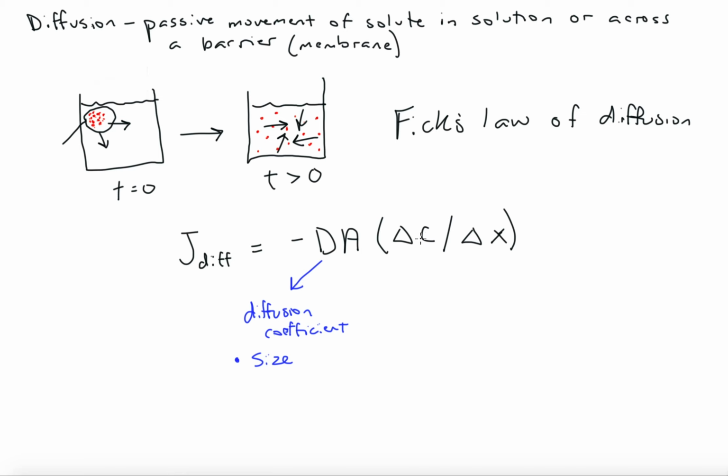D, A, and delta C, and then there's a denominator over here, delta X, right? And so everything on top is directly proportional. In other words, they go up 1 to 1, right? If A is doubled, J diff would be doubled. Right? And so again, all the components of D would be directly proportional as well, because they're all within D and it's on the top of the equation over here.